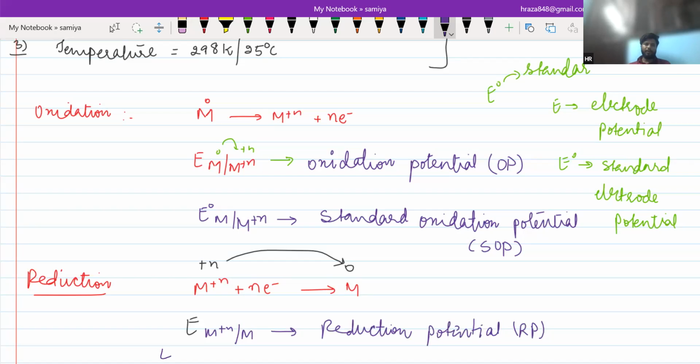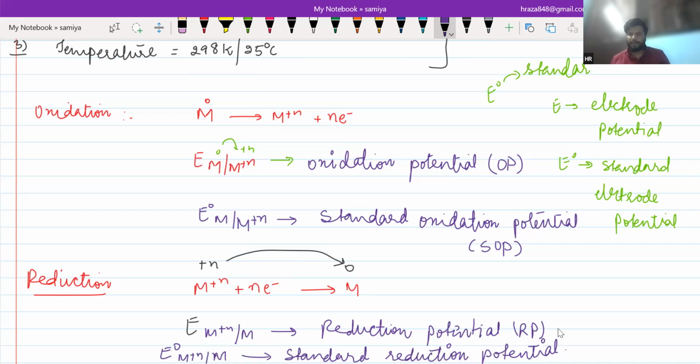And if I write E naught M plus n slash M, that means a standard reduction potential, SRP. Please write. Very important it is.